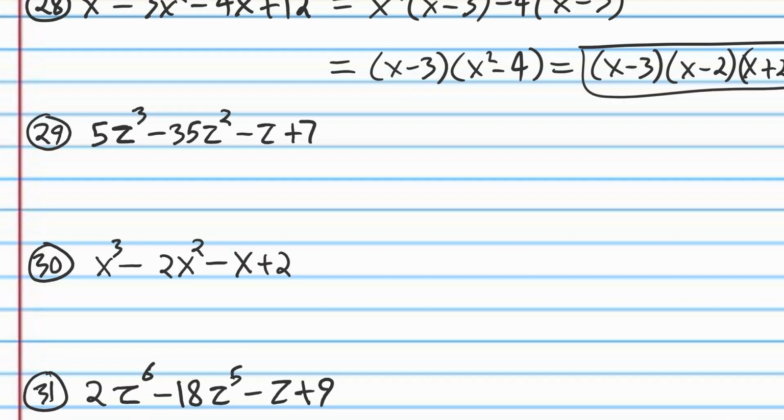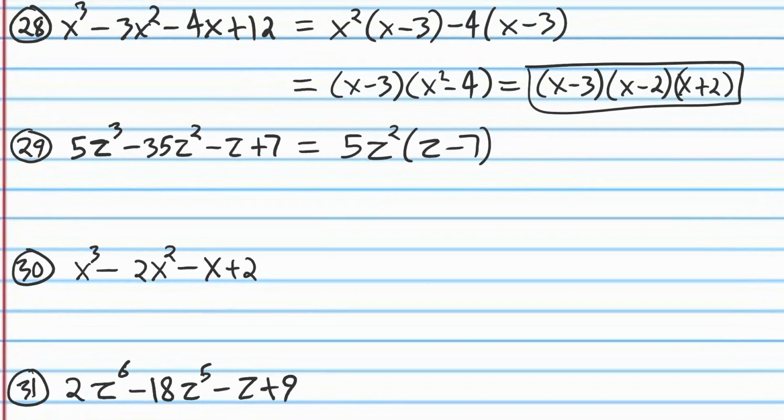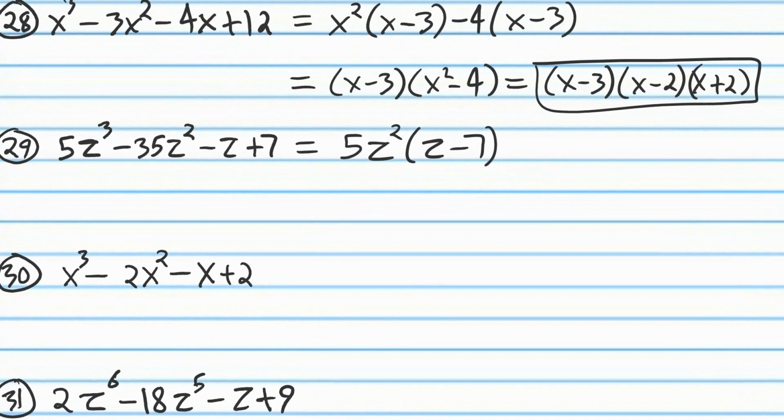All right, so let's do number 29 together because something different is going to happen here. I factored out the greatest common factor for the first two terms. But now here, if we just leave it as negative 7 plus z, we don't really have a common factor.